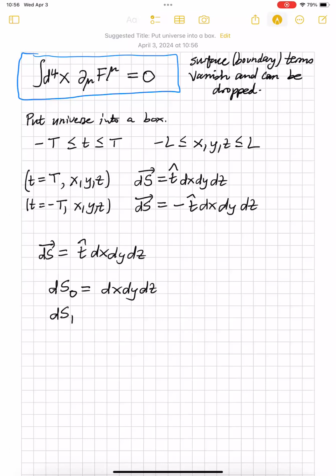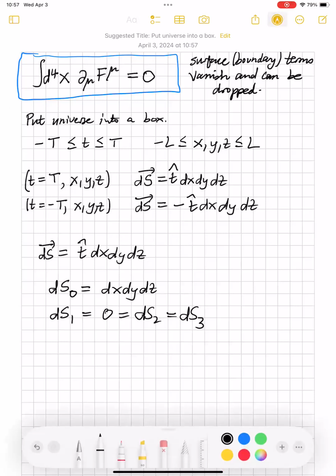And the 1 component of ds vanishes, as does the 2 component and the 3 component. The 1 component is for the x direction, 2 for y, and 3 for z. And this ds only has a projection along the time direction, so along the naught direction. For the second volume element that I've written down, ds naught would have been minus dx, dy, dz. ds1, ds2, and ds3 would again have vanished. Good. Okay, so that's 2 sides.